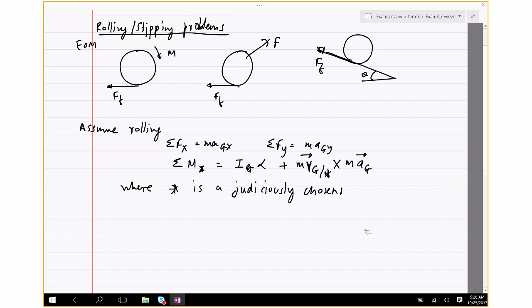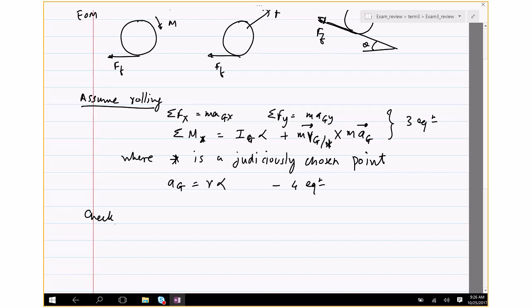For example, in the previous problem we chose the star point to be point C, because the force we did not know, FF, was acting at C. So you assume rolling. This is 3 equations, and then the fourth equation comes from AG equals R alpha.